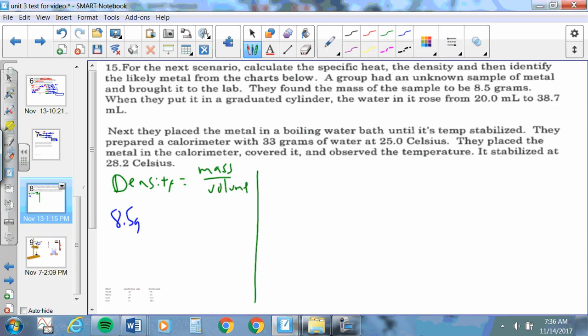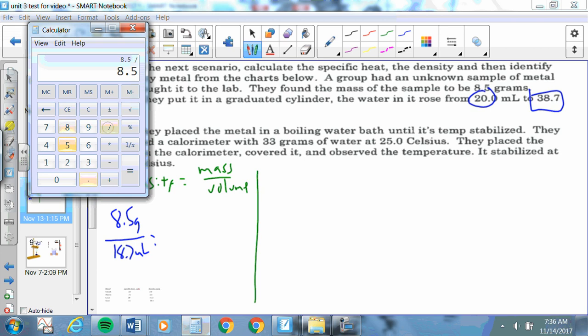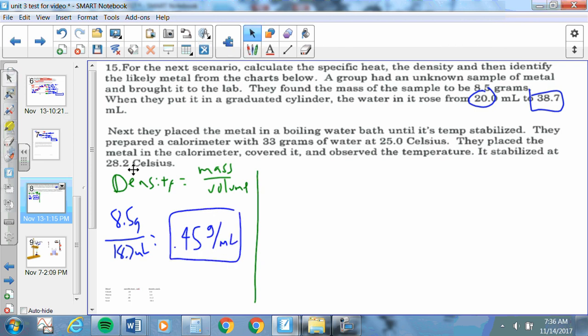So it went from 20 milliliters to 38.7, which is a change of 18.7 milliliters. 8.5 divided by 18.7, 0.45 grams per milliliter. Crucial to put those units, just so that we're not confusing people.